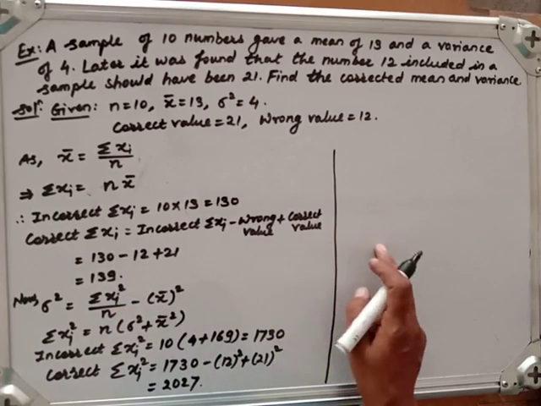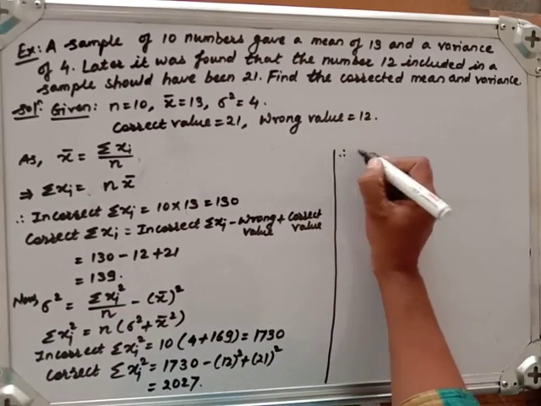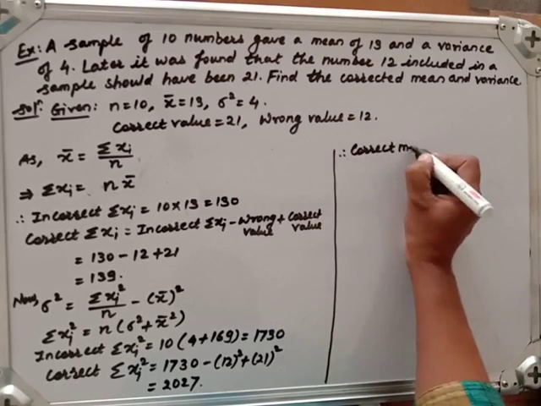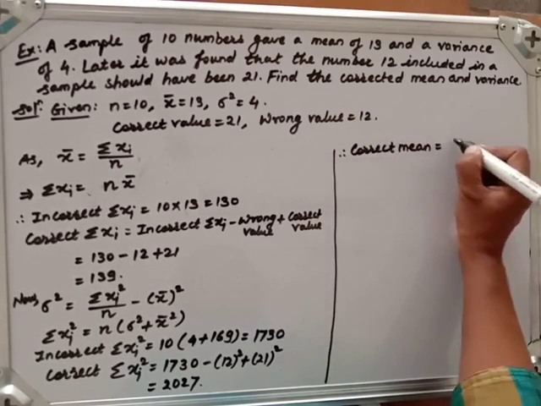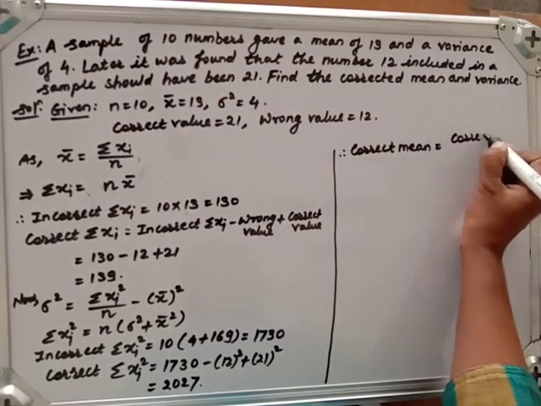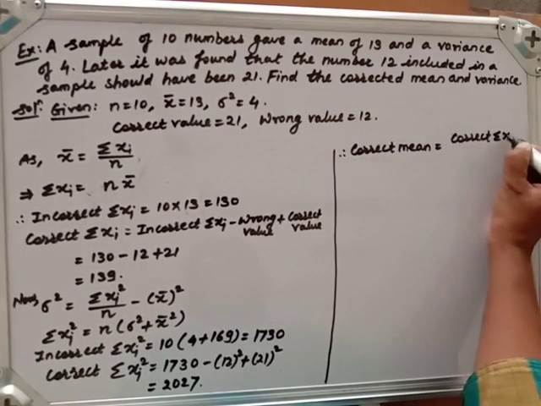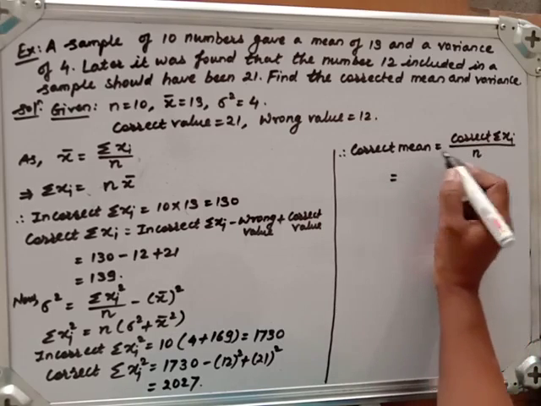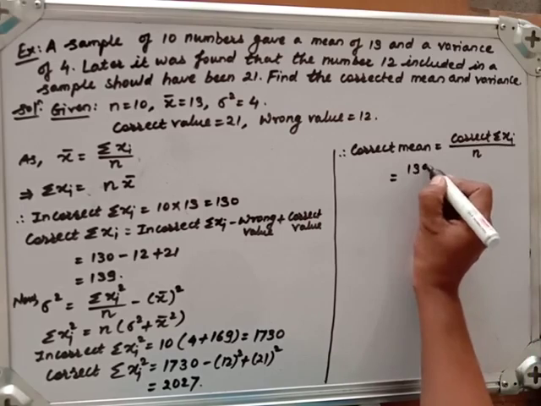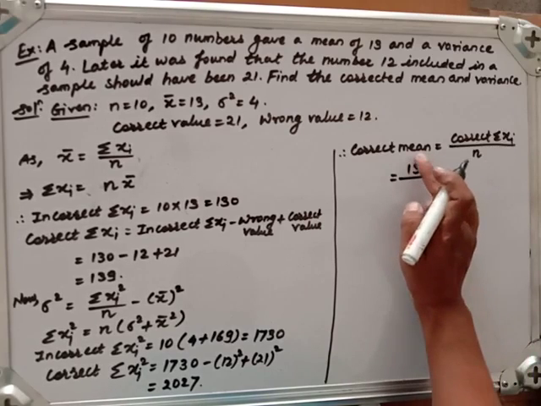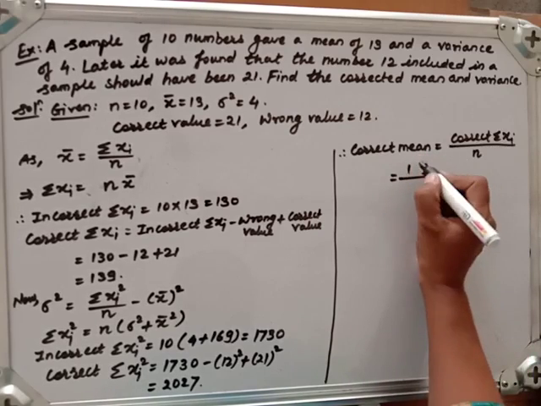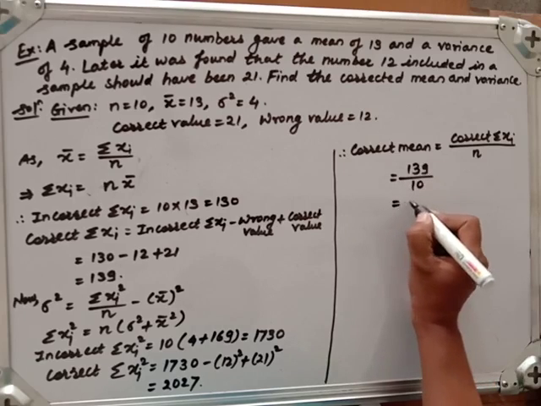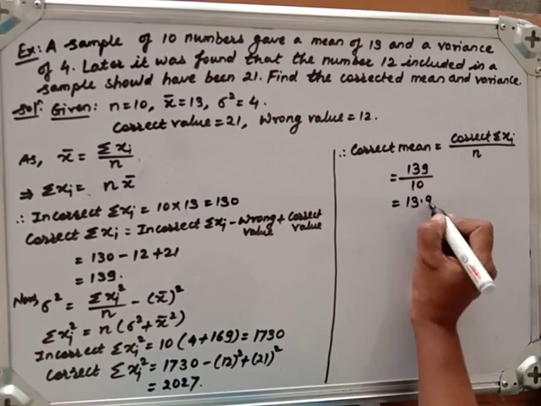Now once we have the correct summation xi and the correct summation xi square, we can easily determine the correct mean and the correct variance. Therefore the correct mean is the correct summation xi upon n, so 139 upon 10, which is 13.9.